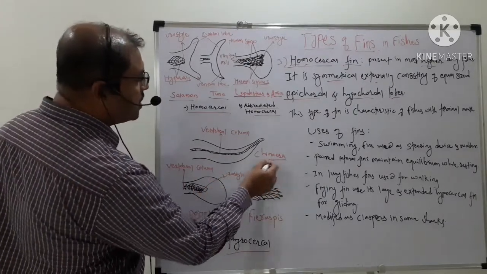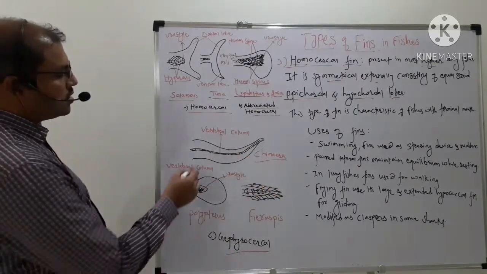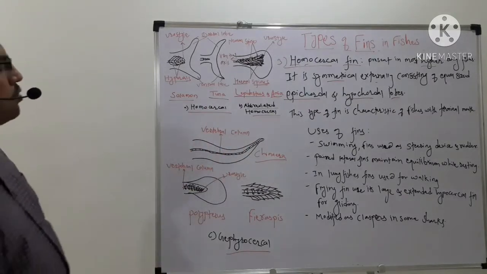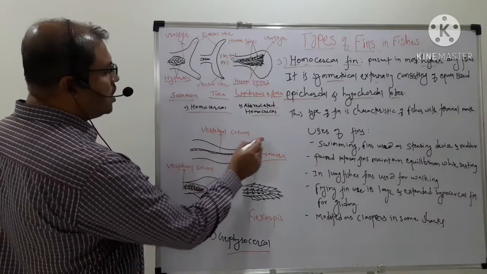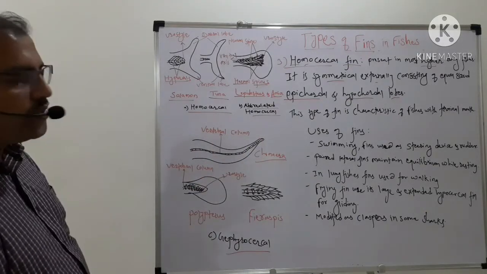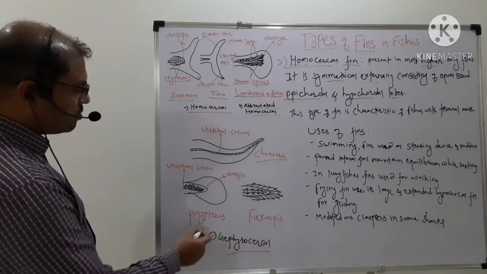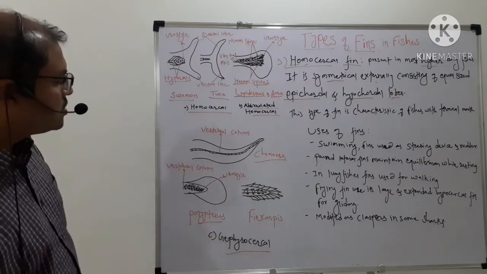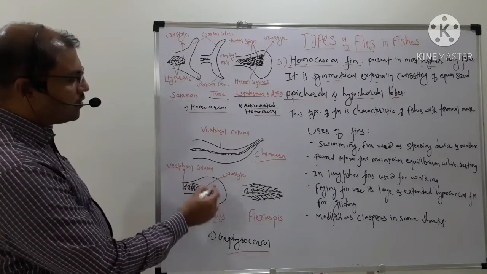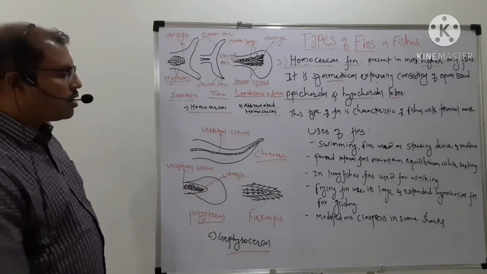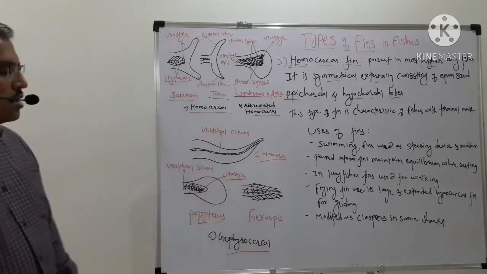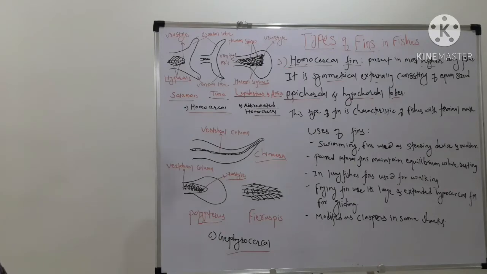In the case of chimera type fishes, the vertebral column is elongated and passes up to the last tip of the caudal fin. In Polypterus fishes, the vertebral column is again reduced and the fin is away from the vertebral column, and it has the urostyle which is present in the tail fin.